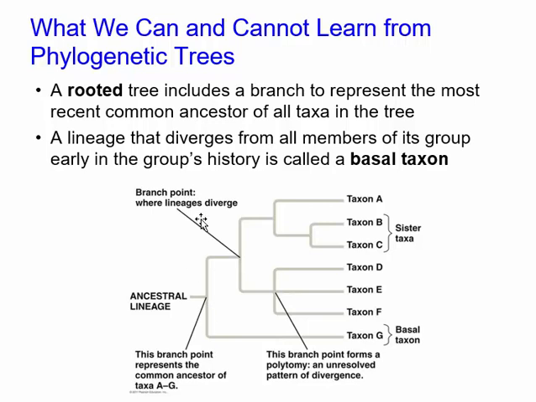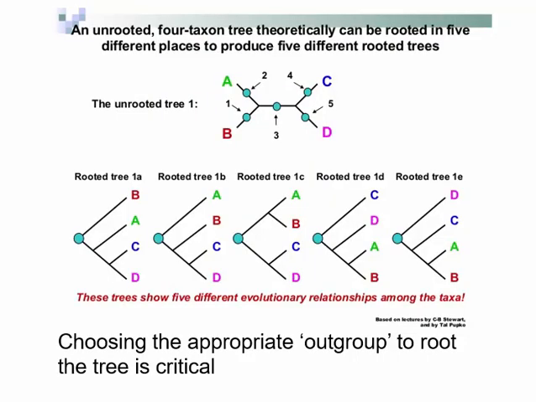And we try to find an outgroup or a basal taxon. A basal taxon, like we see here, G, is a group that often has ancestral characteristics, but it's a way to root the tree, and it's at the base of the tree. That's why it's basal. And it allows us to then more correctly interpret the relationships within the tree.